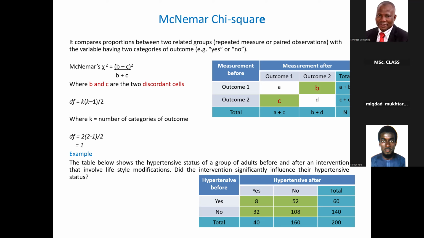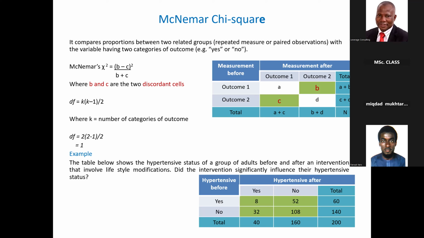We call it repeated measures or paired observation, with the variable having two categories of outcome, e.g. yes or no. So McNemar is paired, and the possible outcome is either of the two outcomes.